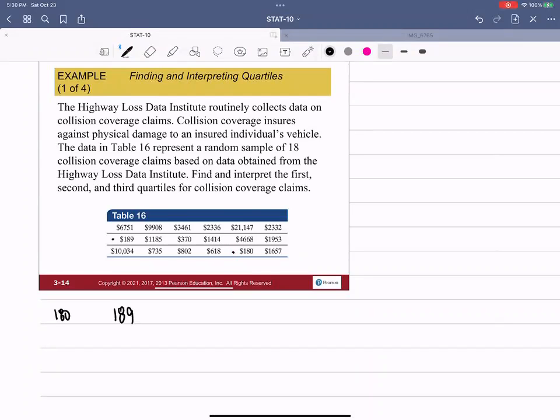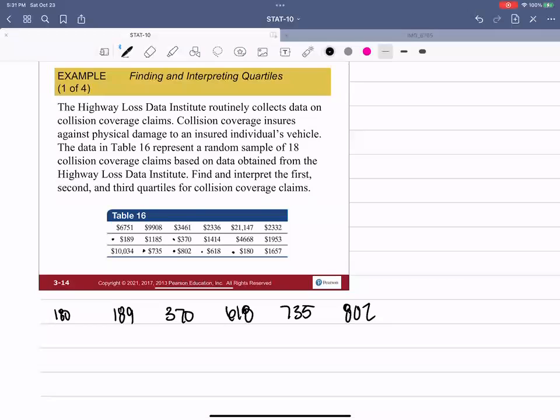Then the next one, 370. And next one, let's start from the top, anything in the hundreds: 600, 700, 618. And then we have that 734. I'm sorry, 735. Anything else in the hundreds? 802. And doesn't look like there's anything else in the hundreds.